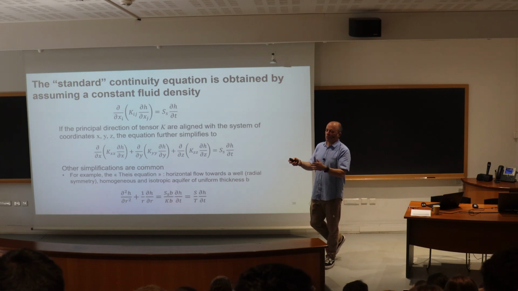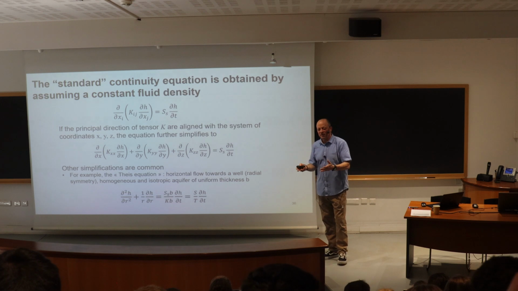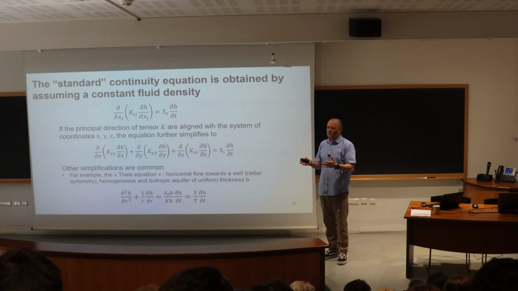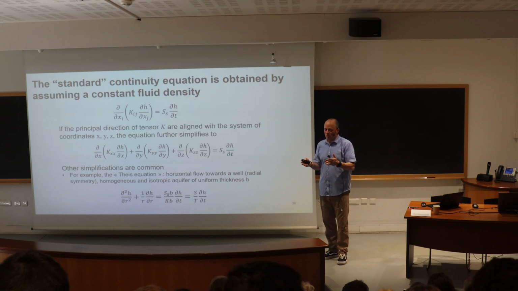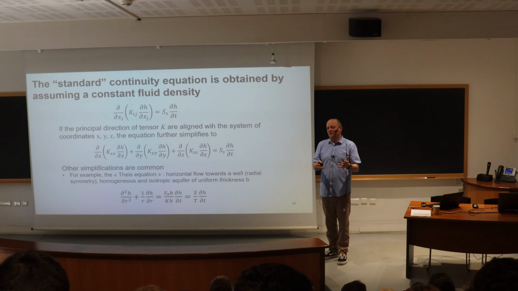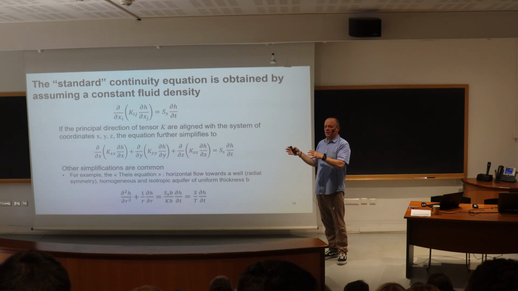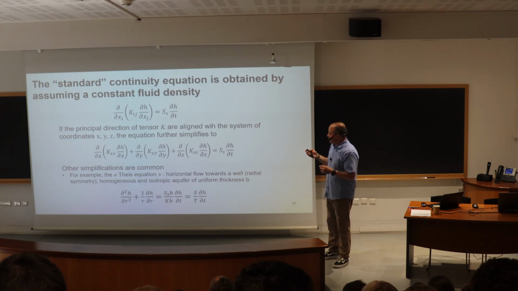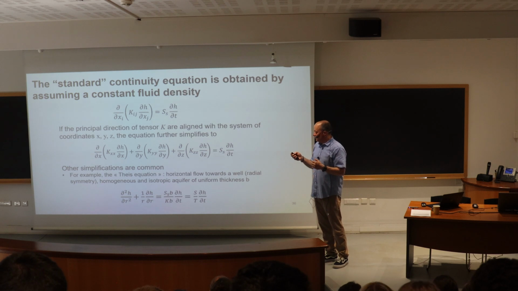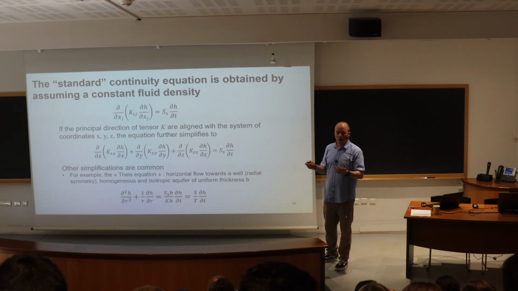And I say that also from a numerical modeling perspective. The first quality of a numerical model is that you want to conserve mass. So you want to look at these equations and make sure that your discretization conserves these principles. So in general, we assume here that fluid density, which I had in the last slide, is constant.